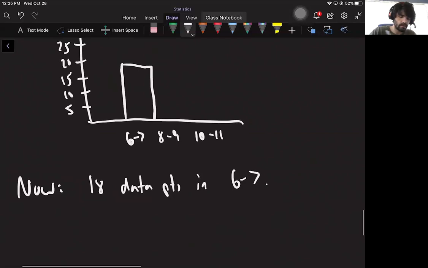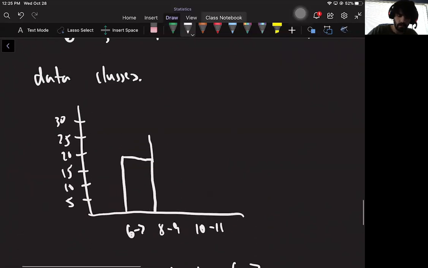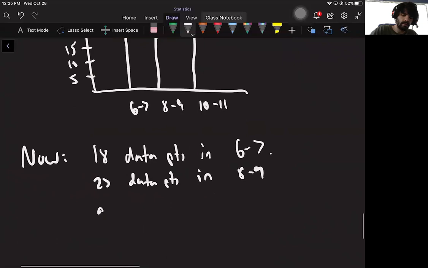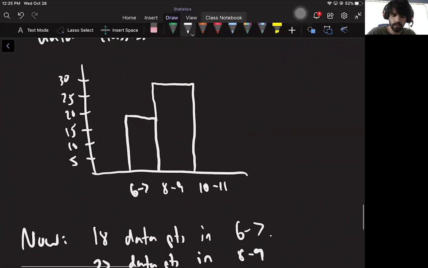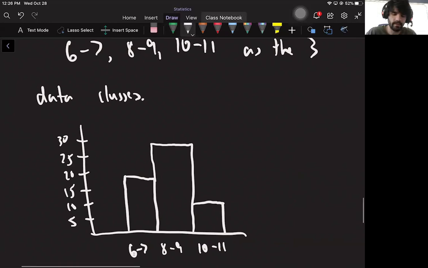And let's see, there's going to be 27 in 8 to 9. And in 10 to 11, there's going to be 9, if I add up the ones from 10 and the ones from 11. So right about there. Okay, so this histogram is not really that bad.